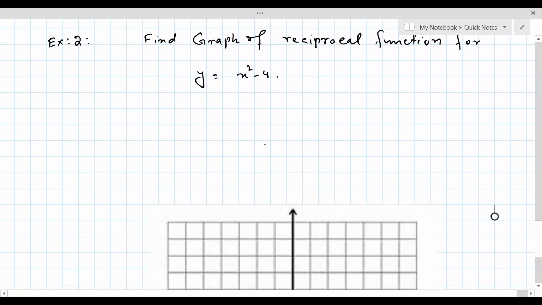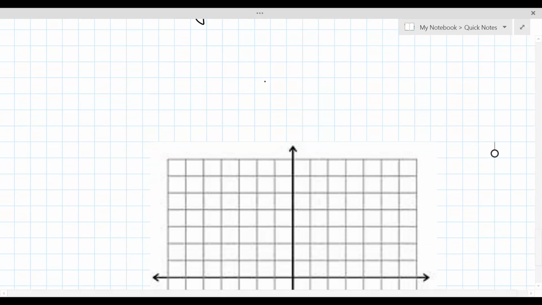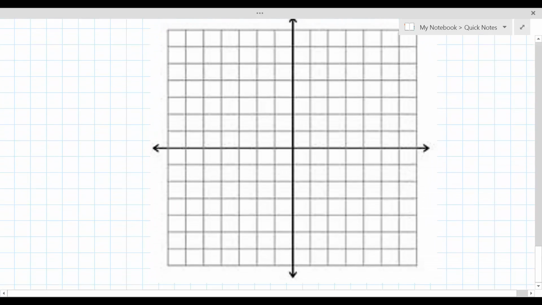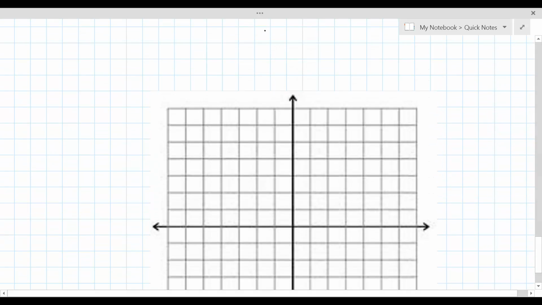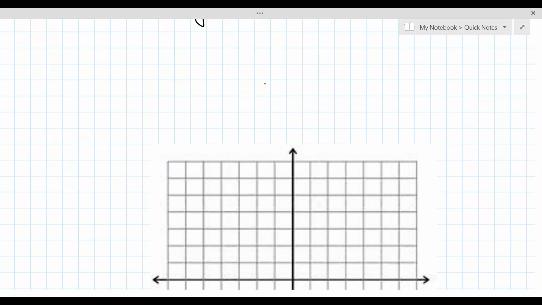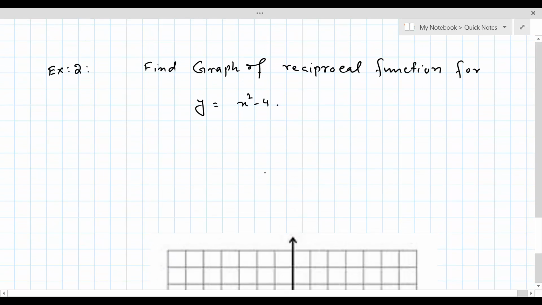And the graph of y is equal to x square minus 4 is a parabola with vertex at 0, minus 4. So 0, 1, 2, 3, minus 4. So this is 0, minus 4, and there is another identification for the vertical asymptotes that intercepts.